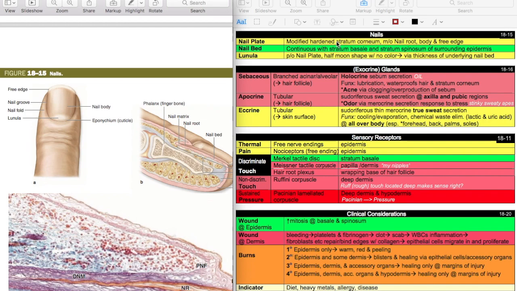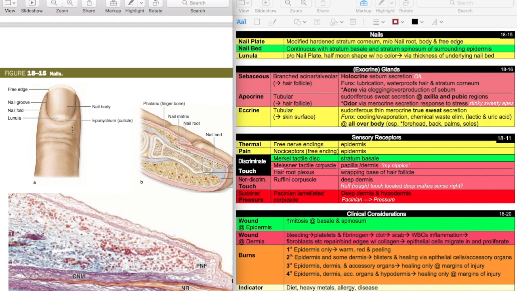Keratin, remember, toughens and waterproofs the skin. Obviously you look at your nails, they're very tough and waterproof. Water just beads right off them because they're packed with keratin. So your nail plate is this special kind of modified stratum corneum that's incredibly hard, and it has different parts technically.